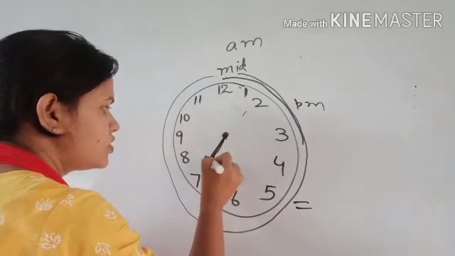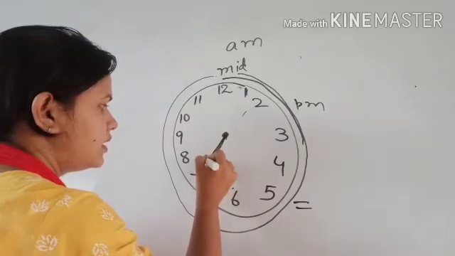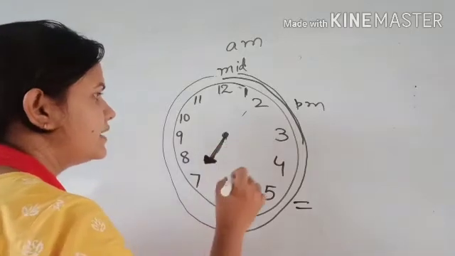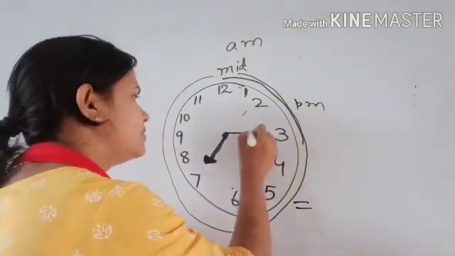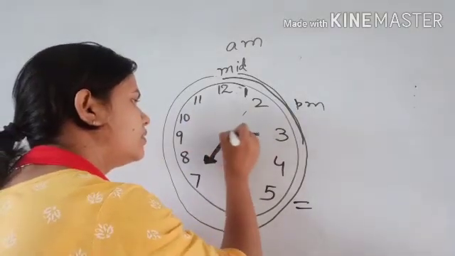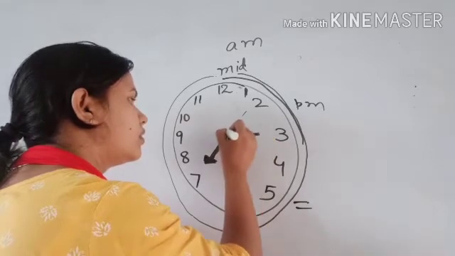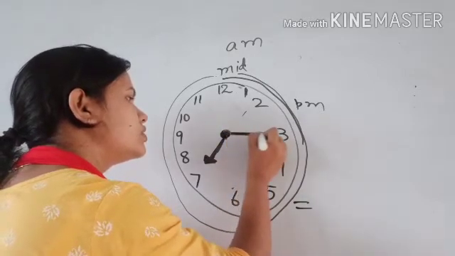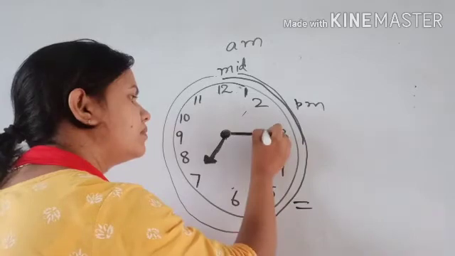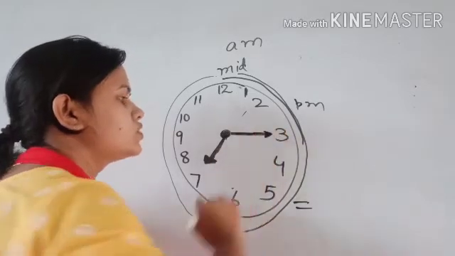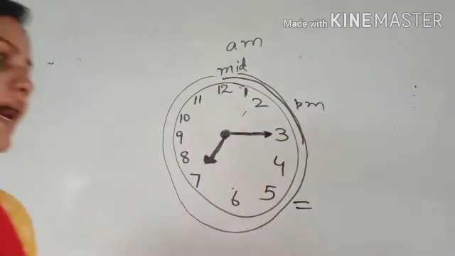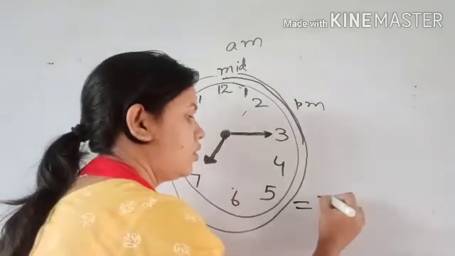The short hand, which means the hour hand, on 7 and the minute hand on 15. This one we have to make a big one. So we have shown our timing for our homework.